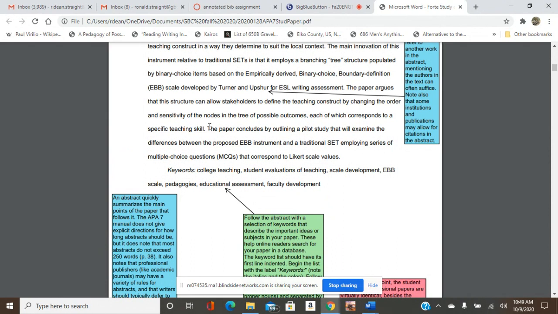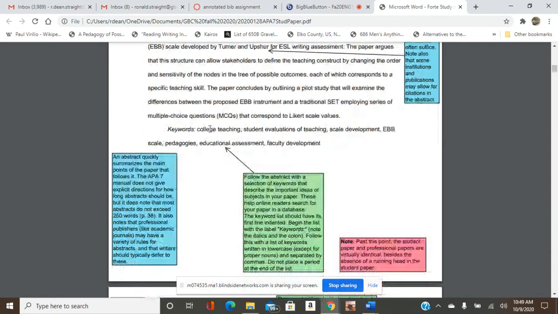So if you were doing a study for this particular assignment, the annotated bib, and you were to research in a database the word college teaching, this should pop up because that's the first keyword. If you looked up any of these other variations of the words, it would pop up that way. That's all that does. So not to get too bogged down in that, we're going to keep moving past.